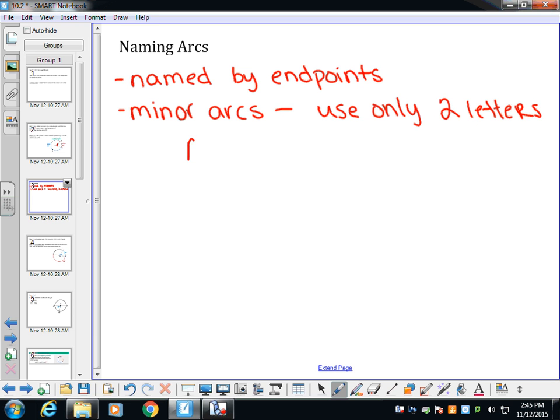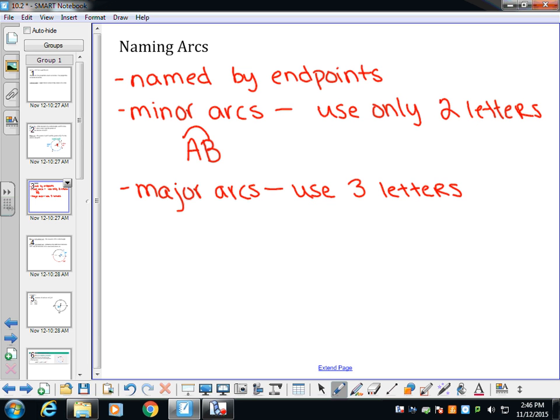For example, AB with an arc over top would be an example of a minor arc. Major arcs you will use 3 letters. So you could say ABC would be an example of a major arc. So I would start at A, I would end at C, and at some point I would go through point B.